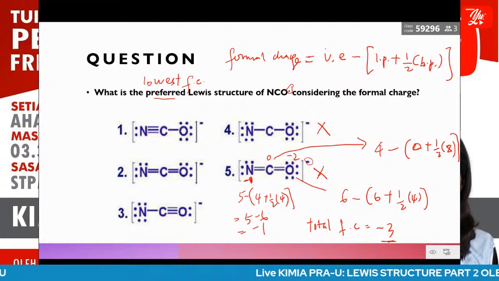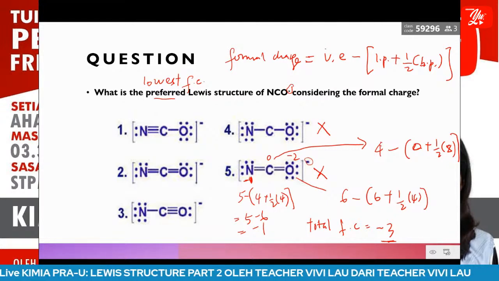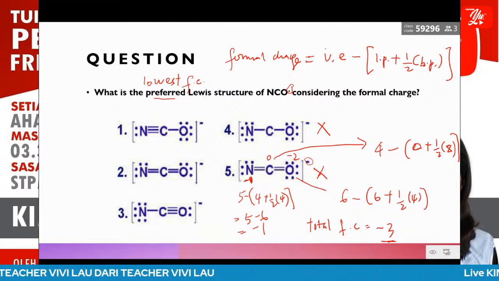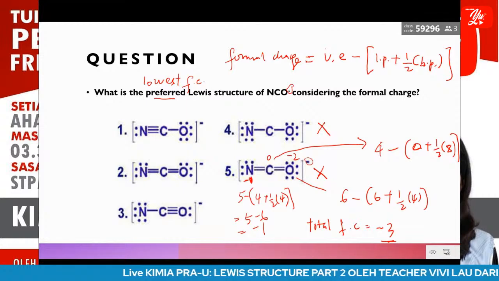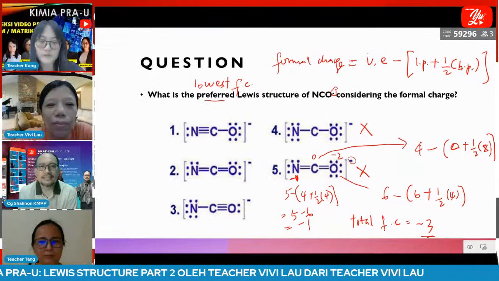Okay, students, still no attempt from students. Question number 1, number 2, number 3, and also number 4, you have to write the formal charge. But you can choose, I think, number 1, number 2, and number 3. For number 1, 2, and 3, you have to choose the preferred Lewis structure.